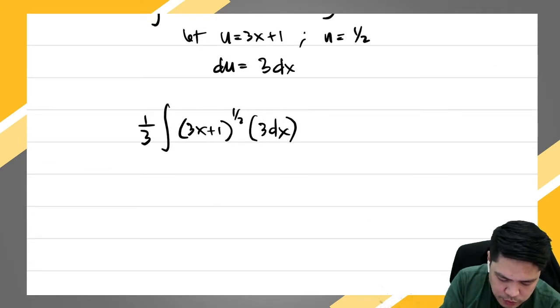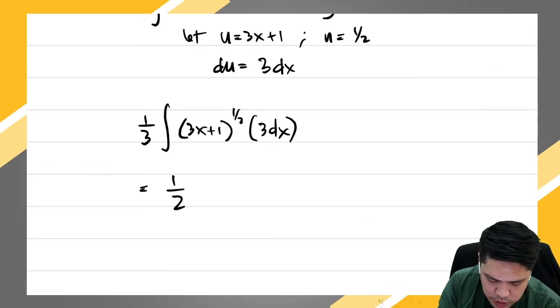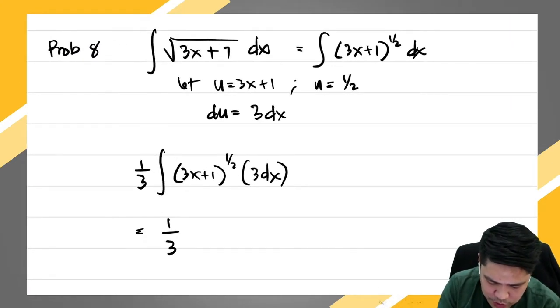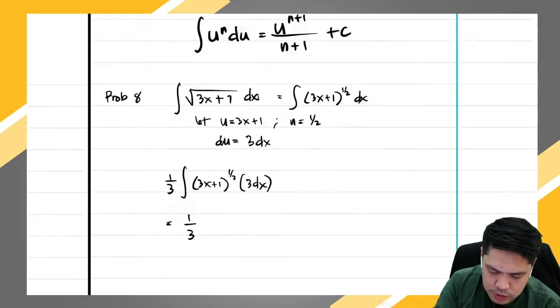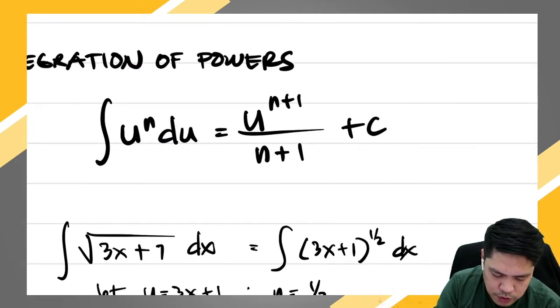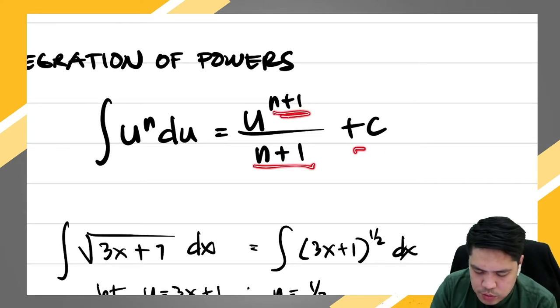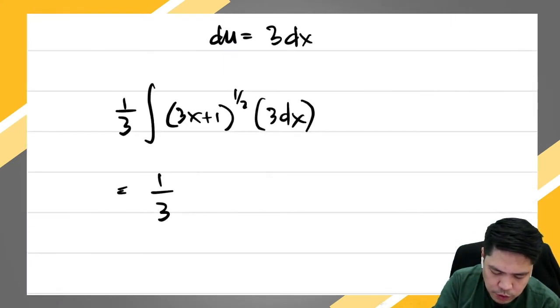Then from here, we can now readily answer that the integral of our given is equal to 1/3 times the integral of u^n du, which is u raised to n plus 1 over n plus 1 plus c. So we just follow that formula.